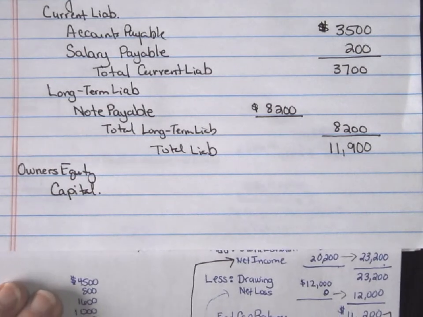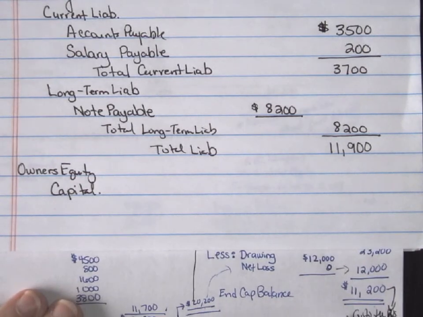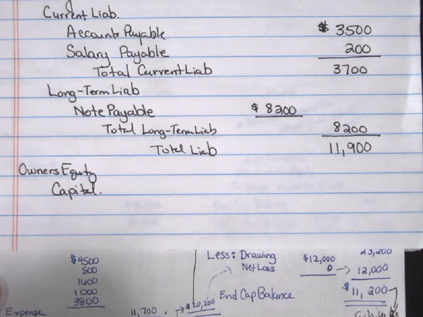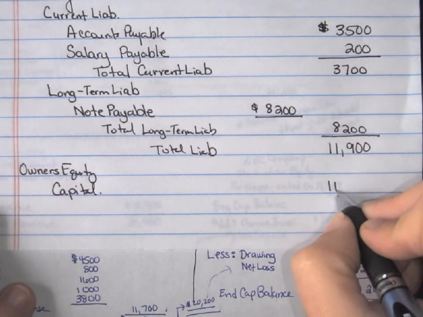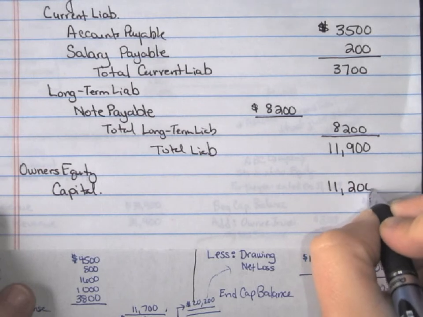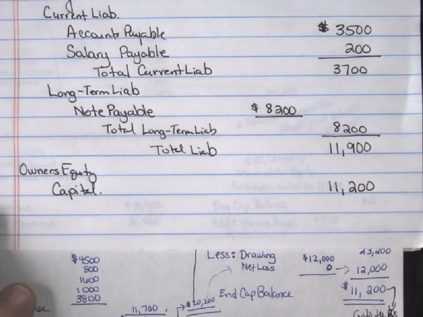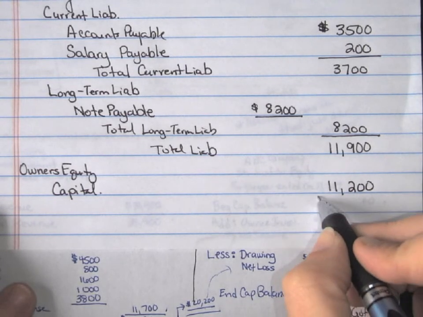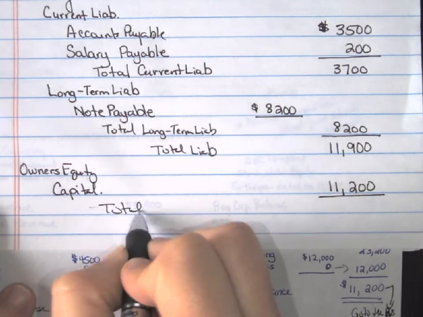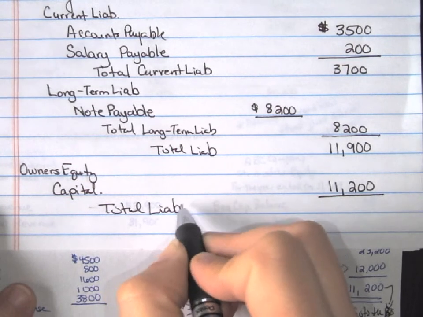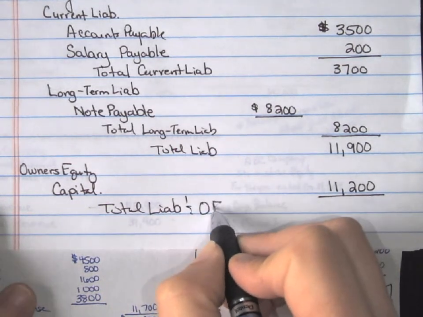So on the statement of owner's equity, remember I had $11,200, so that is the amount that I am going to show here, that $11,200 amount.